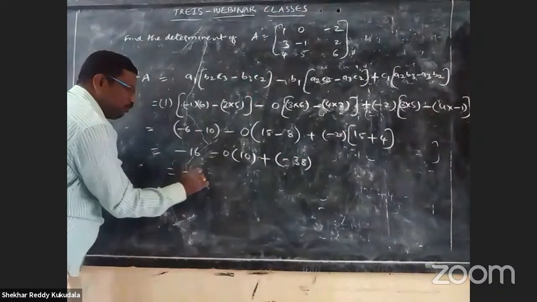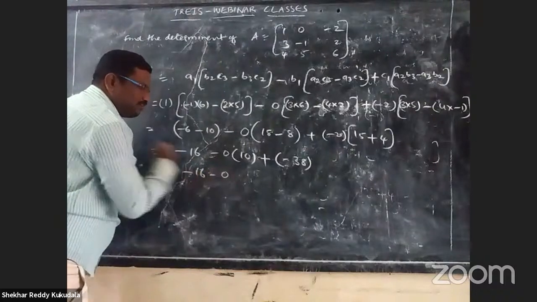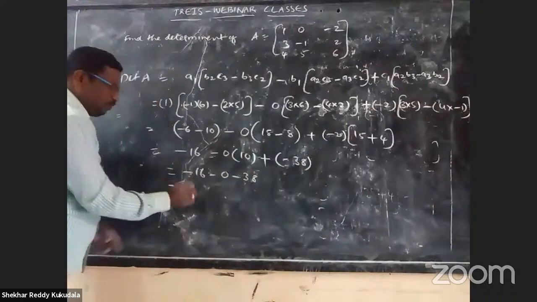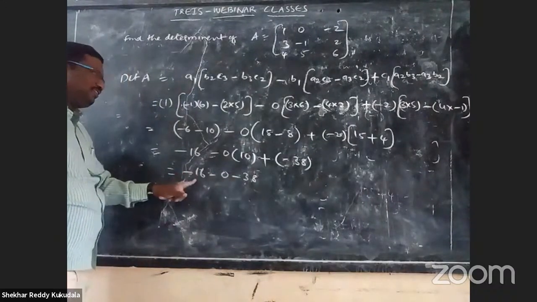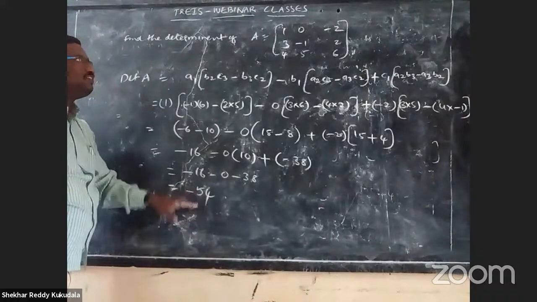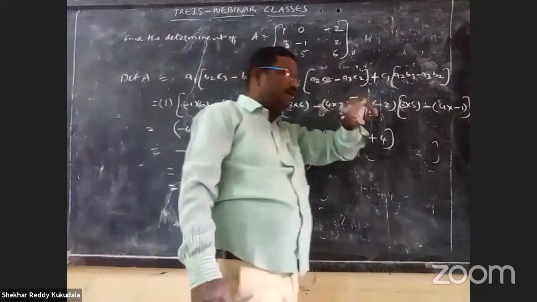So minus 4 minus 0 minus 38 is equal to minus 42. The determinant of the given matrix is minus 42.